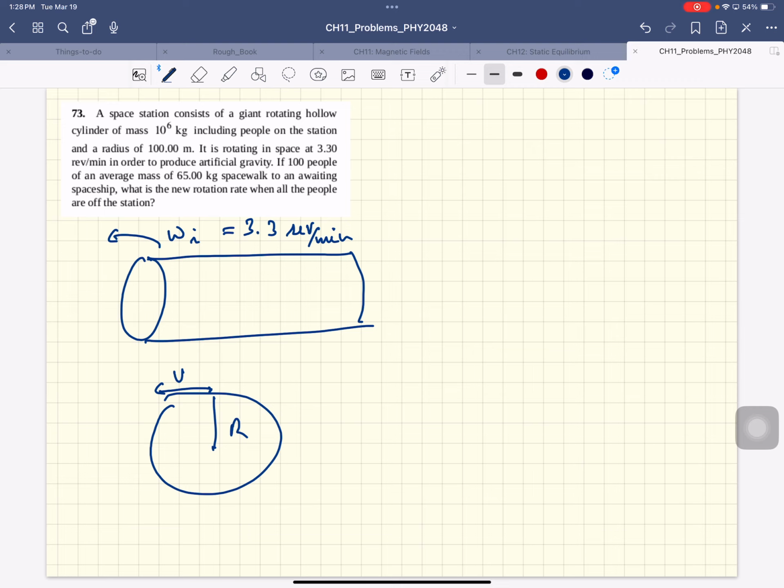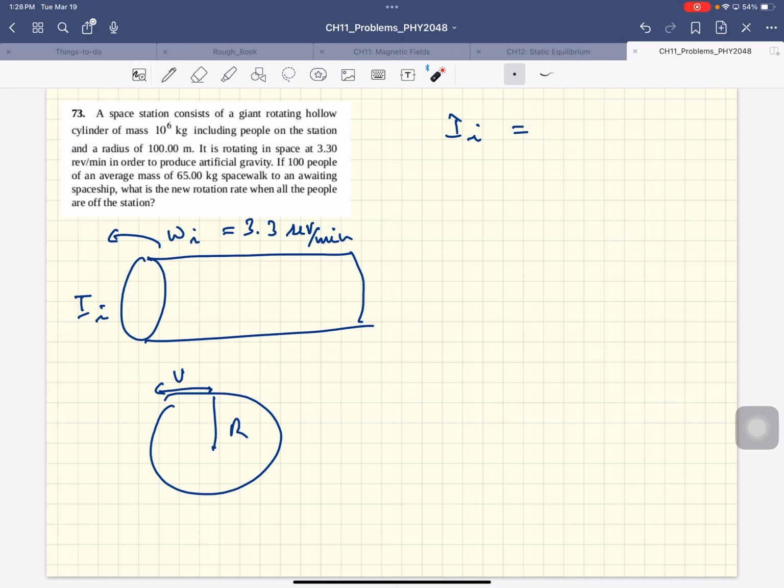So I initial: a space station consists of a giant rotating hollow cylinder.